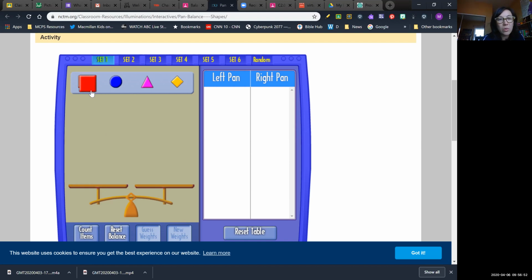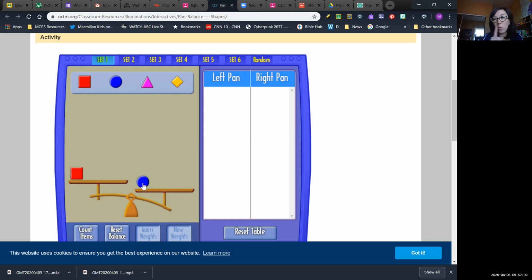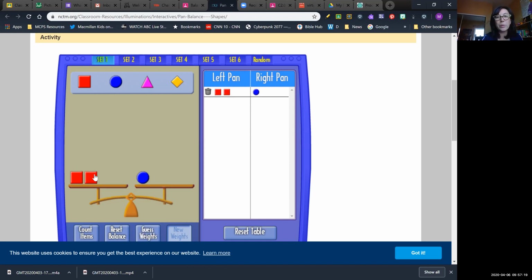In this case, we don't know how much the square weighs. Maybe it weighs the same amount as the blue. No, it looks like the blue is worth more than the square. Maybe if the square is like 1, maybe blue is worth 2. See, once they're equal, 2 squares equals a blue.